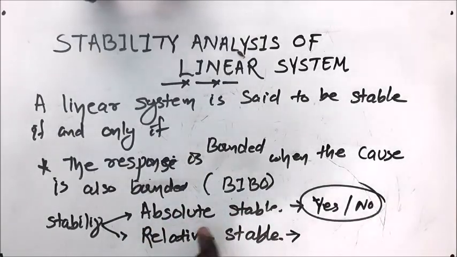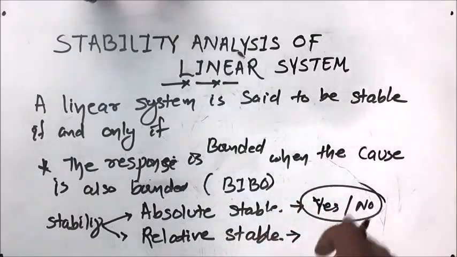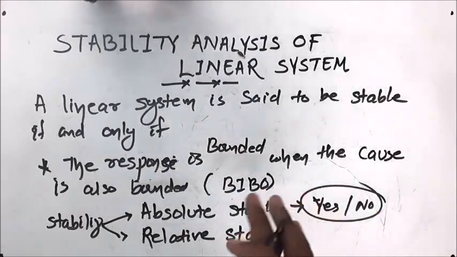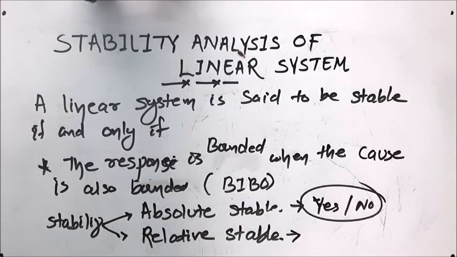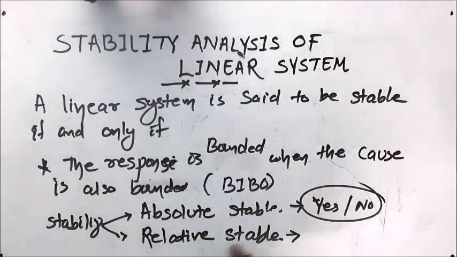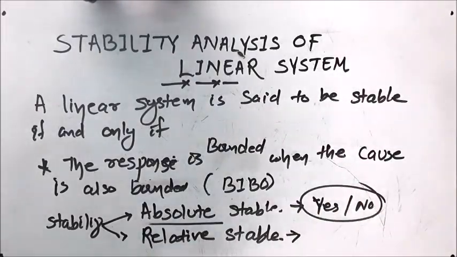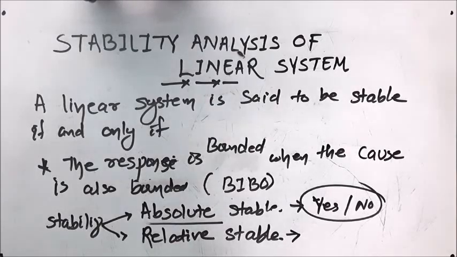So either the system is stable or unstable, but we have no idea of the degree of stability, that means up to what time or up to what constraint the system is stable. We do not bother about that kind of thing. So this kind of system is called an absolute system, either yes or no, either stable or unstable.